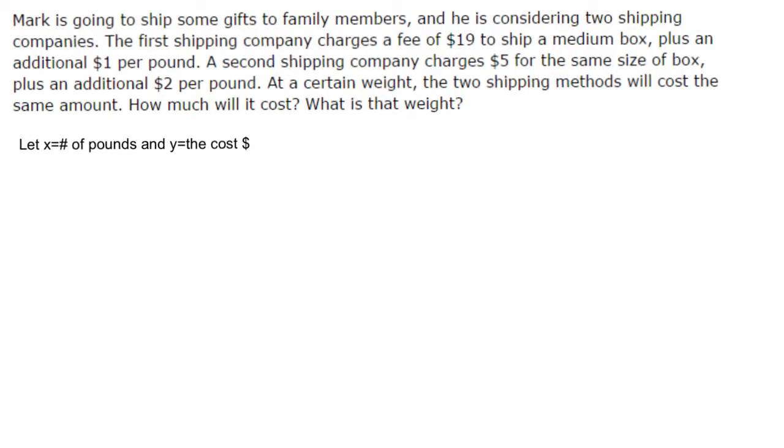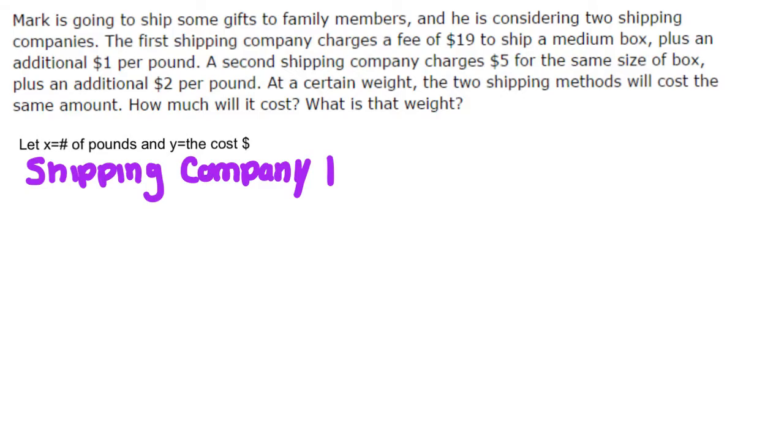So we're going to write an equation to model each scenario. So for shipping company 1, it gives us our information that it's $19 to ship a medium box plus an additional dollar per pound. So we're going to let the total cost be our first part.